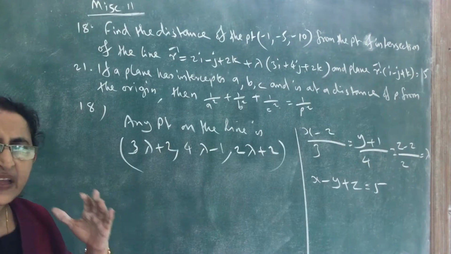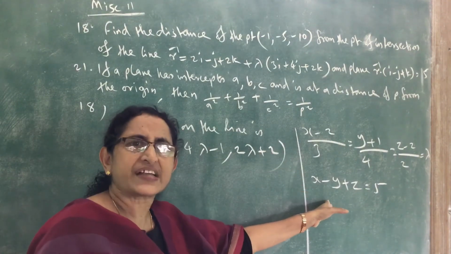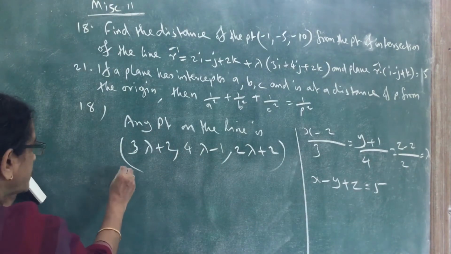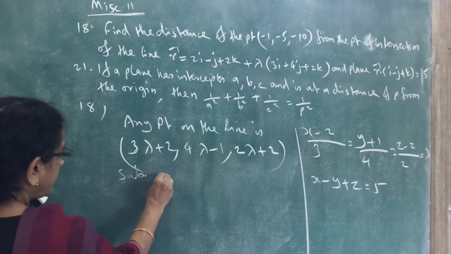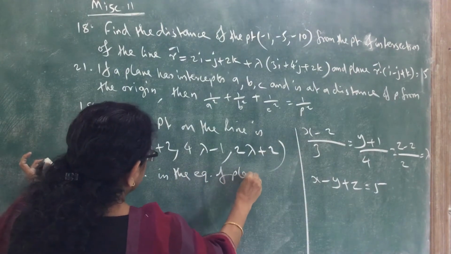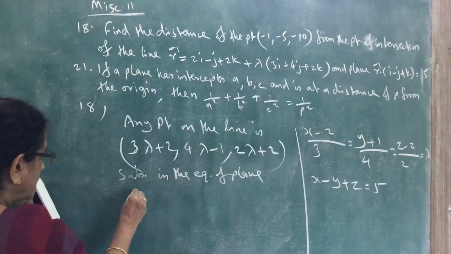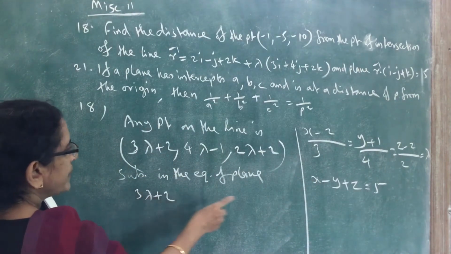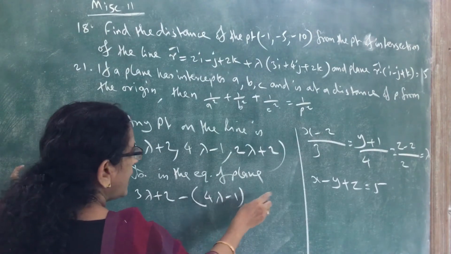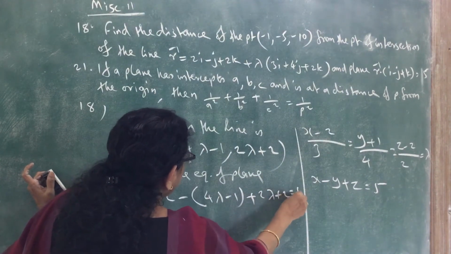Now to find the point of intersection, this point is a point on the plane. So we substitute in the equation of the plane and find lambda. Substituting x as 3 lambda plus 2, y as 4 lambda minus 1, and z as 2 lambda plus 2: (3 lambda plus 2) minus (4 lambda minus 1) plus (2 lambda plus 2) equals 5.